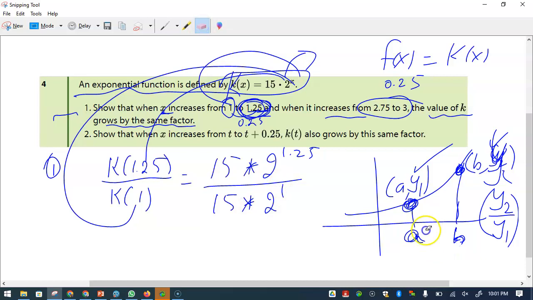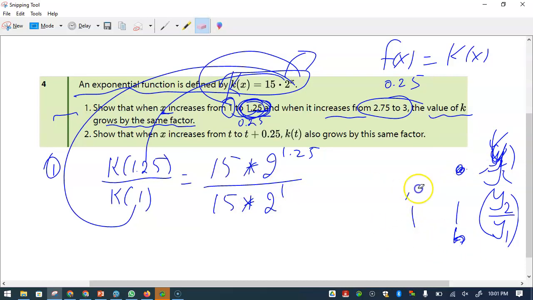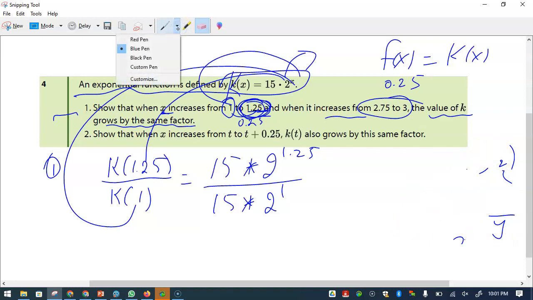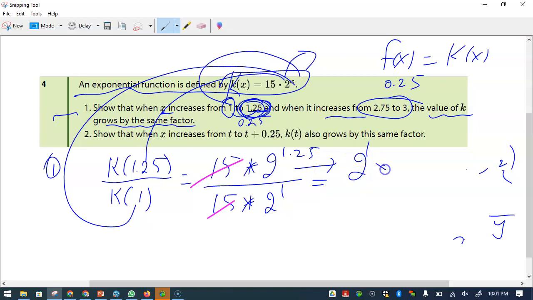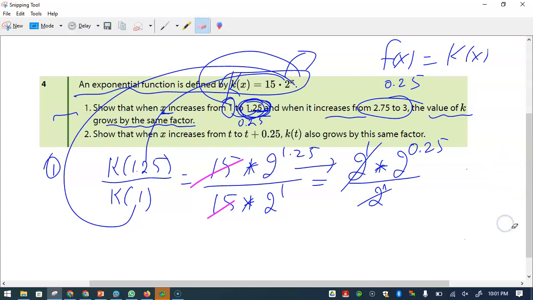Now you can see 15 divides both numerator and denominator, so that goes away. What I will be left with is the numerator written as 2 times 2 raised to 0.25, and the denominator is 2, so this also goes away. So you get a factor which is 2 raised to 0.25.